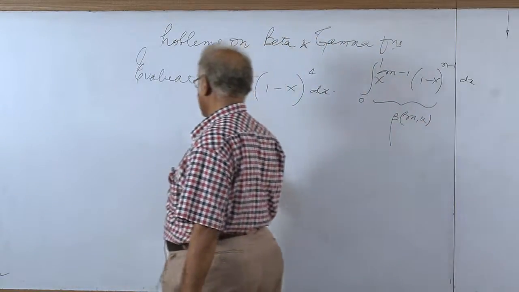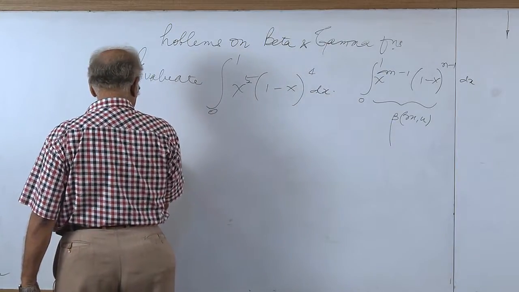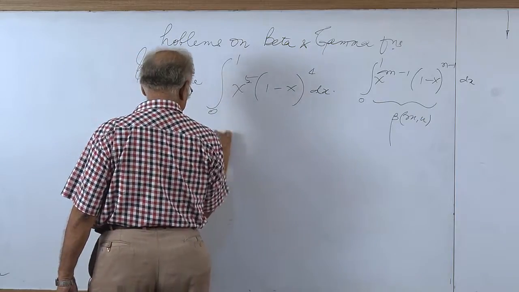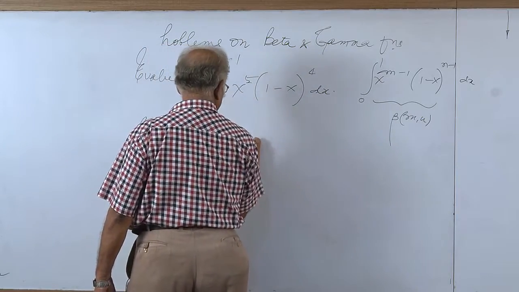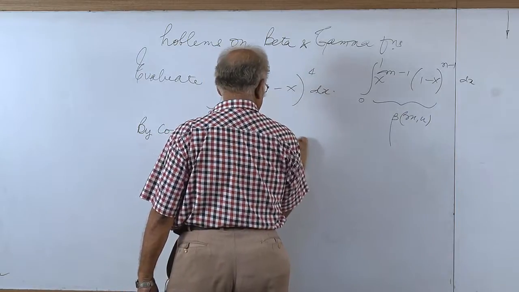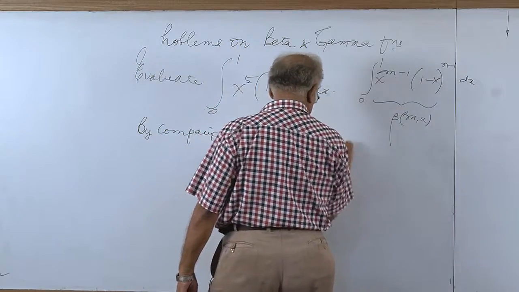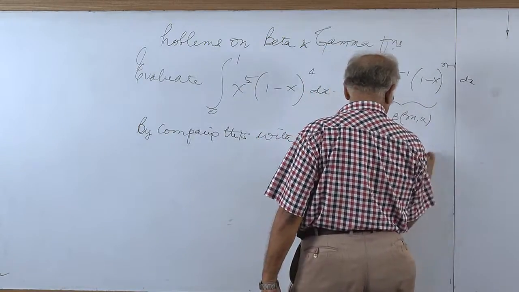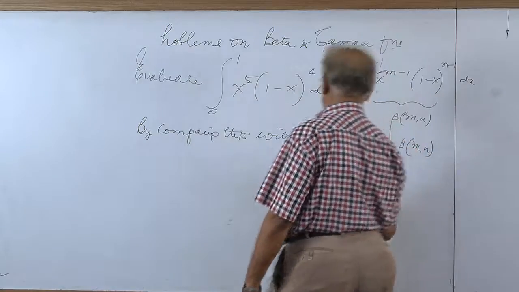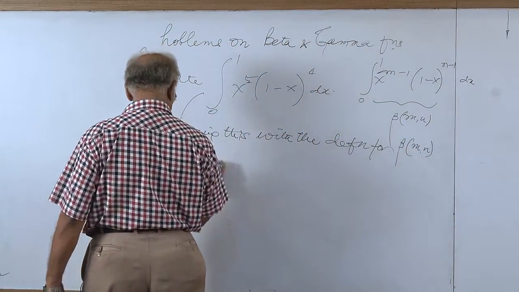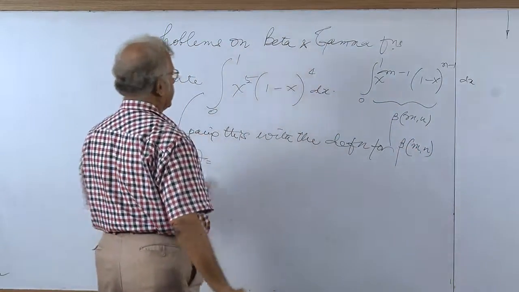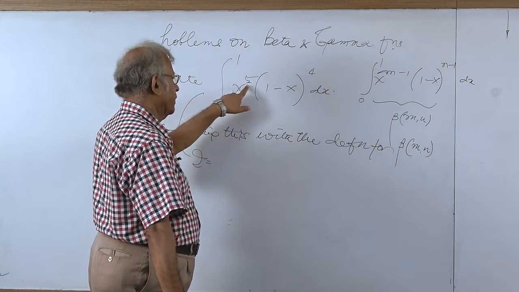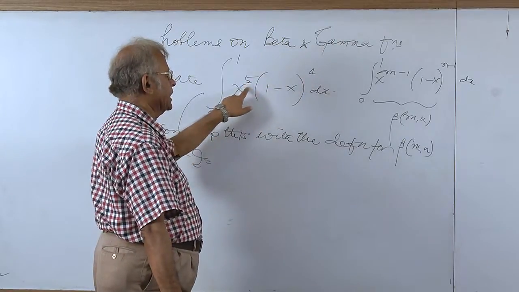So by comparing this with the definition for beta mn, the given I is equal to nothing but, this is 6 minus 1. So one should be very careful. It is not beta 5 4, but it is actually beta 6 5.